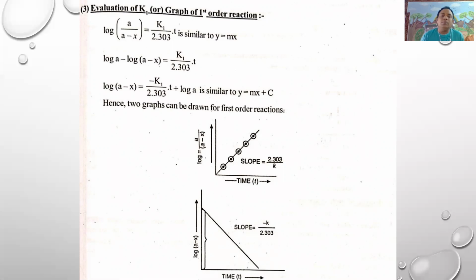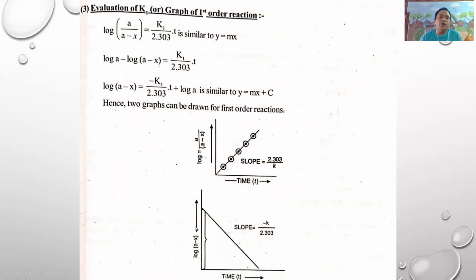Similarly, it is the plotting of the graph between the concentration of products versus time. Instead of products, we can also plot the graph between the concentration of reactants versus time.